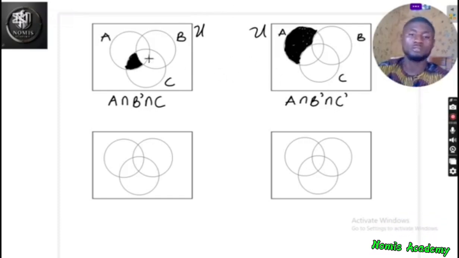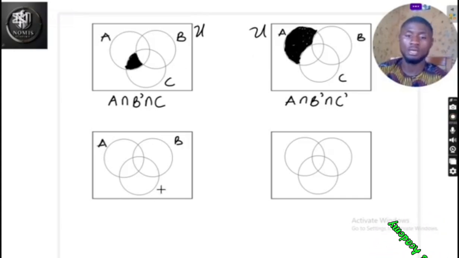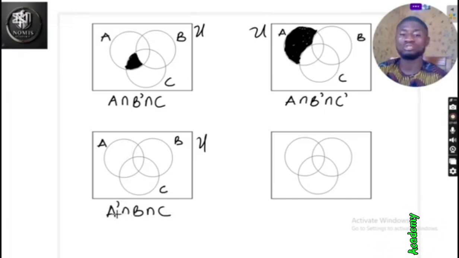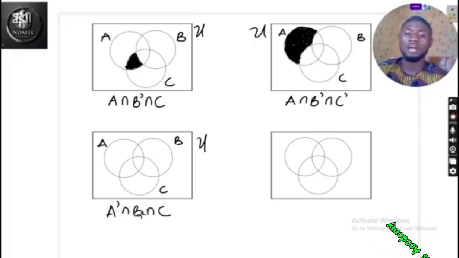So let's take the fifth example. Let's take our set A to be here, set B to be here, and set C to be here. And this is our universal set. What do we want to show here? We want to show A complement intersect B intersect C. Here we have A complement, which means A is totally excluded. So we have B intersect C. Where do B and C intersect? Only this part, B and C only.